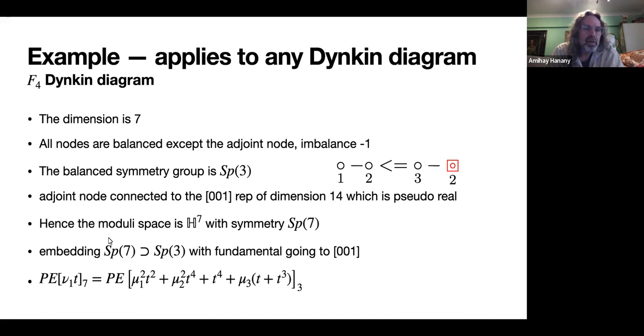Sp7 is the bigger group, the symmetry of the free space. Sp3 is the symmetry I read from the quiver. And now I have a nice embedding, which says that the fundamental representation of Sp7 goes to the third rank antisymmetric of Sp3. Any questions about this computation?